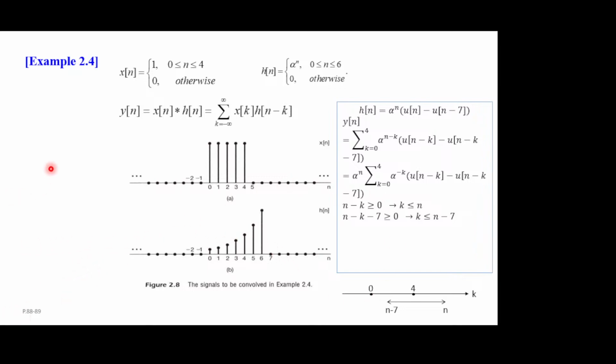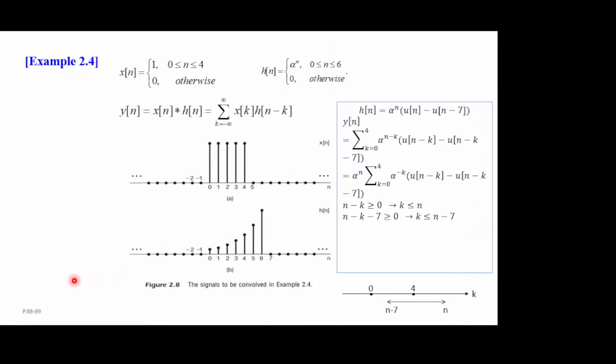So here, once again, we want to do convolution, but we have a lot of boundaries now. So our x of n, actually we kind of will switch the roles, but it doesn't quite matter. So x of n now looks like this block. It's 1 from 0 to 4, and our h of n now has this exponential thing, alpha to n.